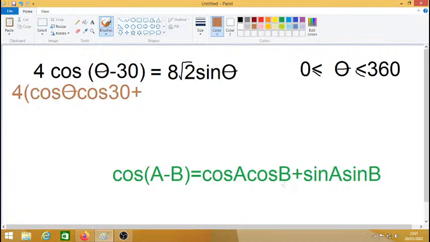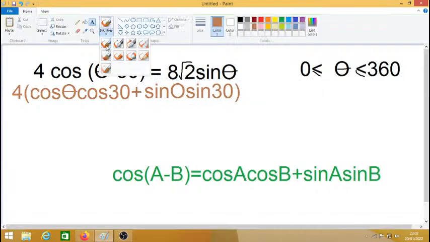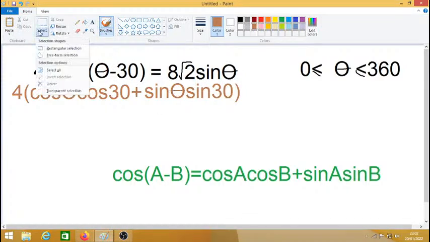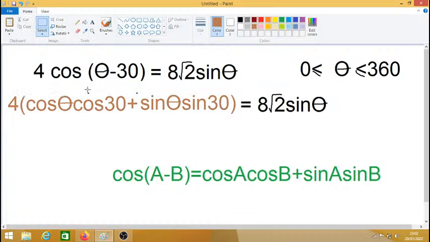And then the rest of the formula is sine A sine B, so in this case sine theta sine 30. And then comes the equal sign and the 8 root 2 sine theta, which we're not going to change. So we can just write that as equals 8 root 2 sine theta. All we did was rewrite the cos(theta minus 30) using that long formula at the bottom.